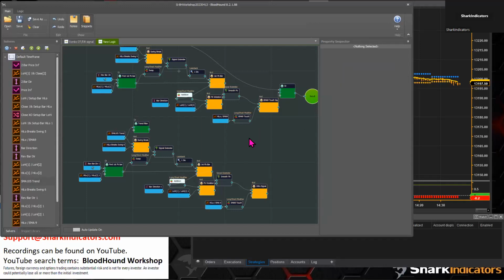So you can go in here and rename these AND nodes as you see fit, so that you know exactly what customizations you've made to the system here, and the various timeframes that you might have used in there.